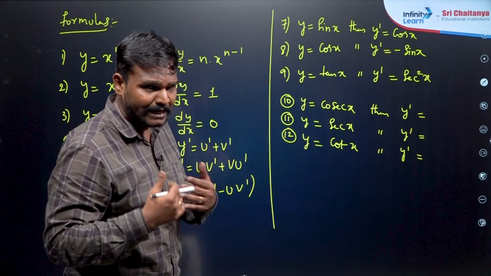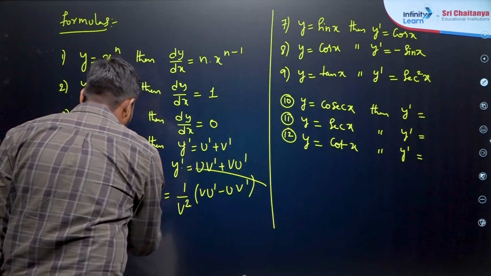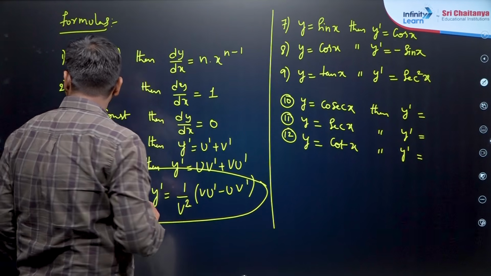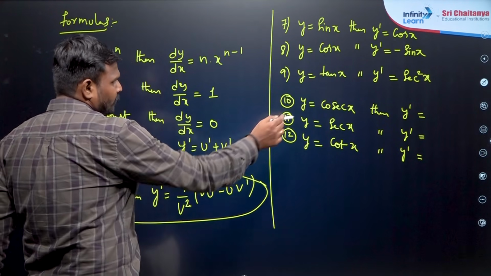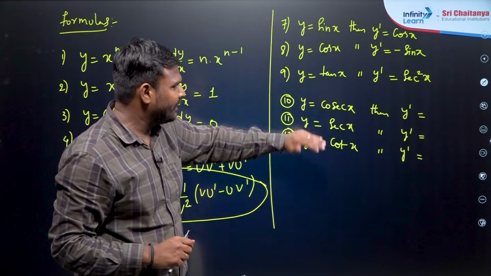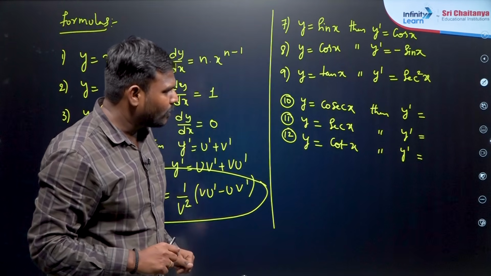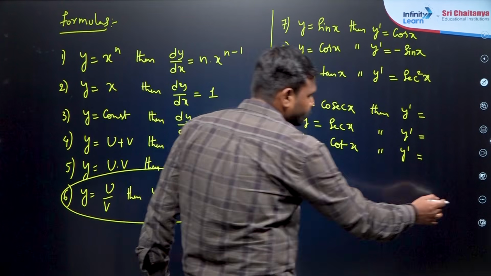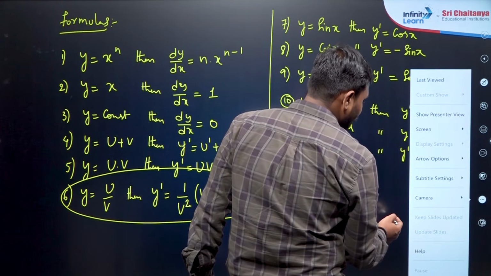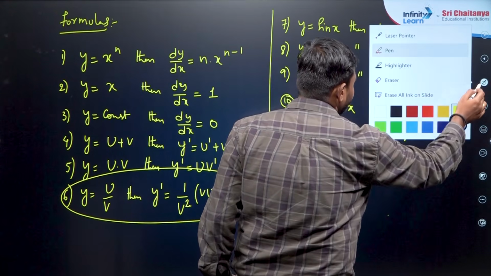How you will find, I'll also tell you. You have to find using the u into v rule, this rule. Is that clear? Cosecant x we will write 1 by sine, secant we will write 1 by cos, cot we will write 1 by tan. Is that clear? Yes? Okay.